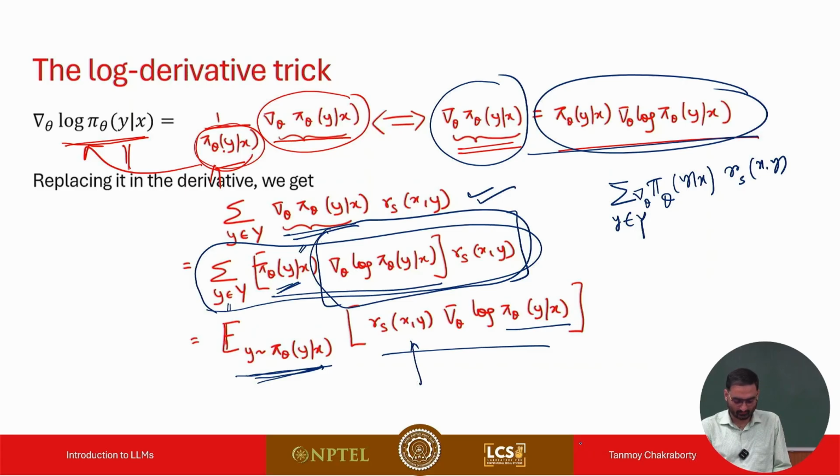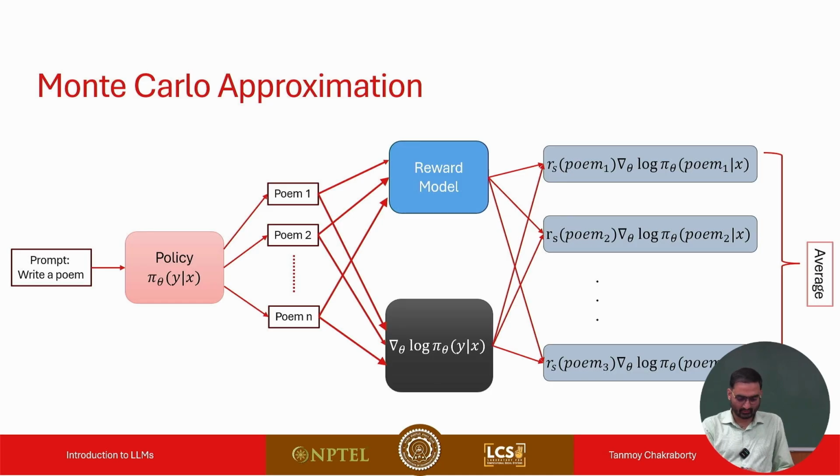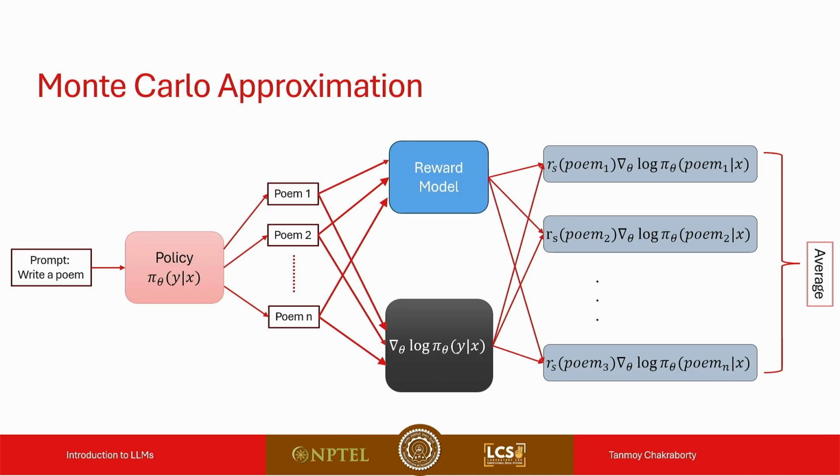Now we have this expectation. Let's look at the same figure again. Prompt, policy model, all these responses are generated. The reward model gives a reward, these are the rewards.